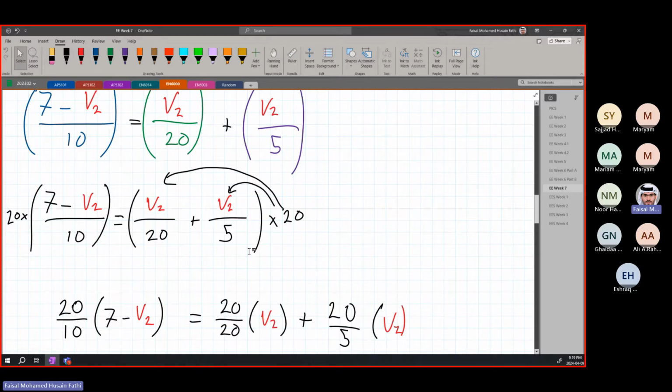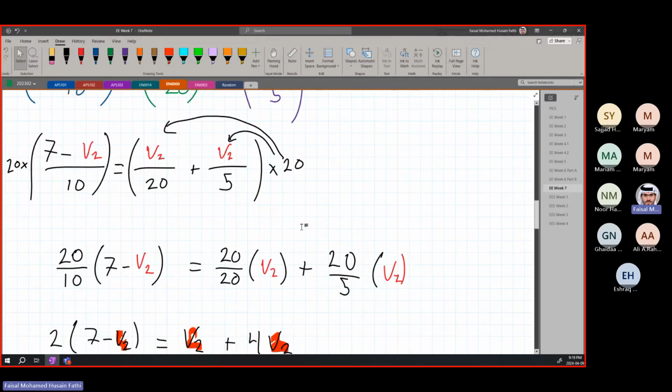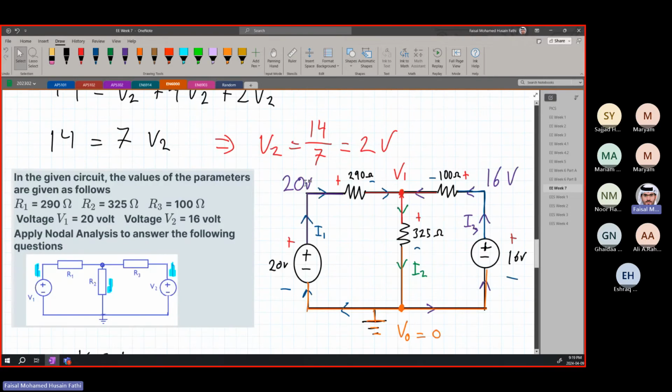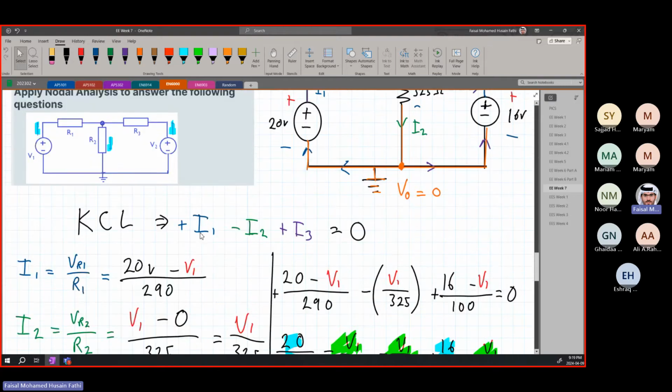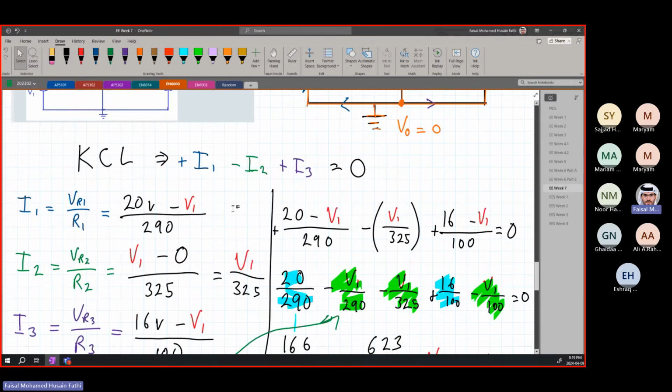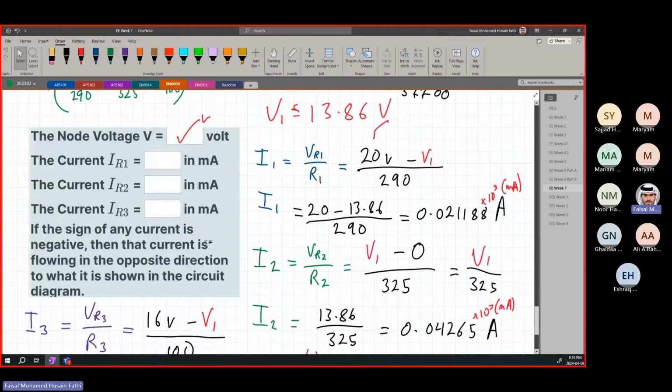After that, you just solve for the node voltage itself, in this case V1. Once you solve for it, you can find all the currents across every component using Ohm's law again, substituting the nodal value of V1. That's the whole calculation of nodal.